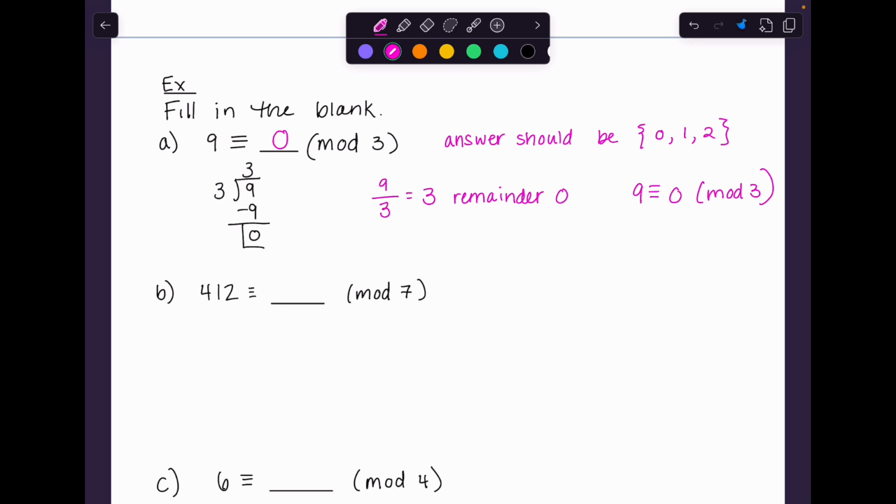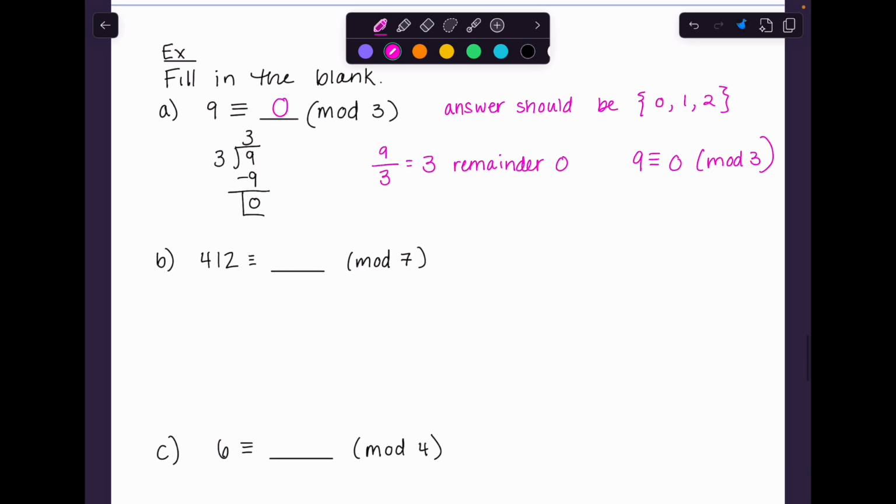Moving on to a bigger number, we're going to try 412. What is that equal to under the modulo class of 7? And again, my answer should be a number 0 up to the number 6. Okay. So I've got to do long division of this.